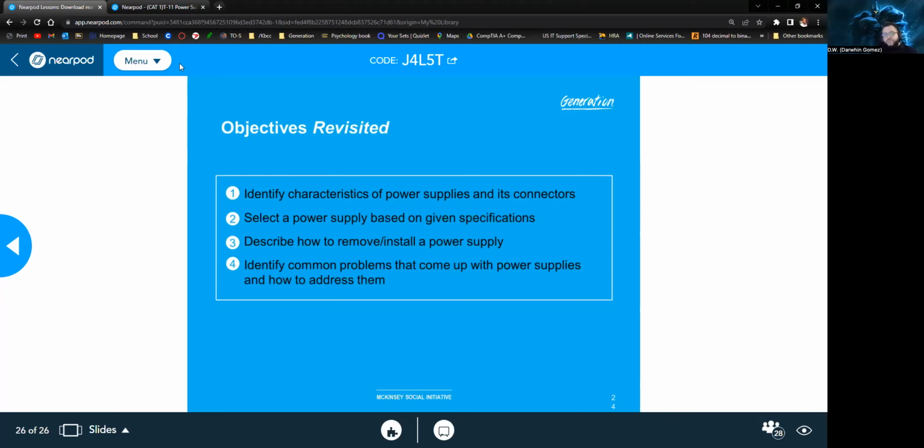True or false? True. Yeah, these are some of the characteristics you want to look for when you're buying a power supply, because depending on the type of connections that you need, you might look for a power supply that has multiple different kinds of connectors.